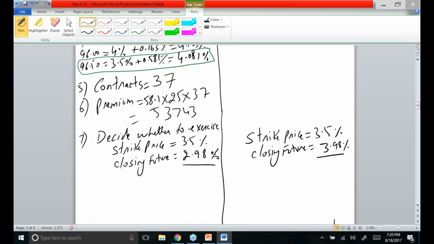So if the strike price is 3.5%, but in the market it is 2.98%, will you exercise the option? If you exercise the option, you will face loss, because in a market of 2.98 you can't borrow at 3.5%.